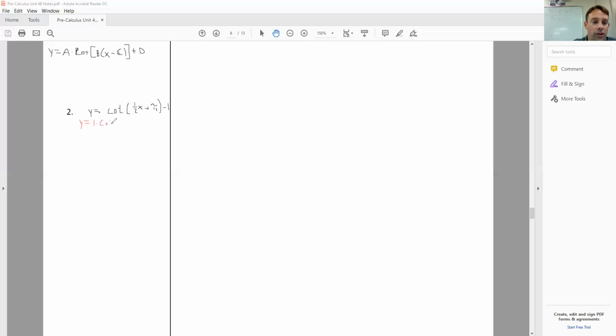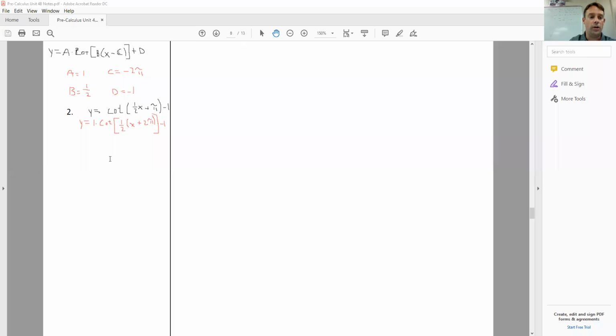So 1 times cotangent, factor out a 1/2 there, x plus 2 pi, minus 1. So we have a, which is 1, b, which is 1/2, c, which is negative 2 pi, and d, which is negative 1.